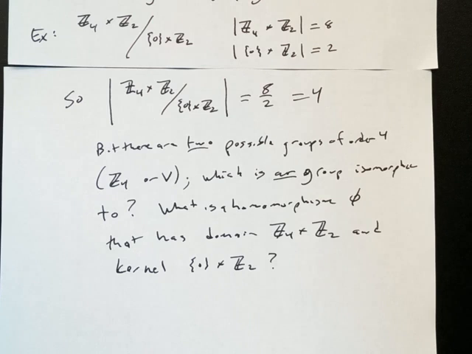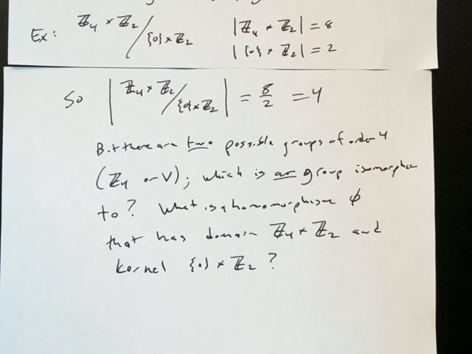I think of Z4 by Z2 just like the Cartesian plane. We call it a Cartesian product, don't we? So let's make a Cartesian plane picture. Z4 will be on the x-axis, Z2 will be on the y-axis. I'm going to get 8 dots.